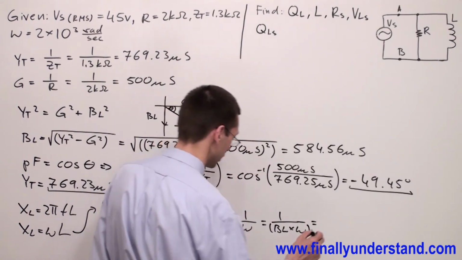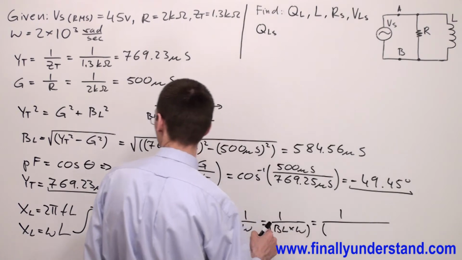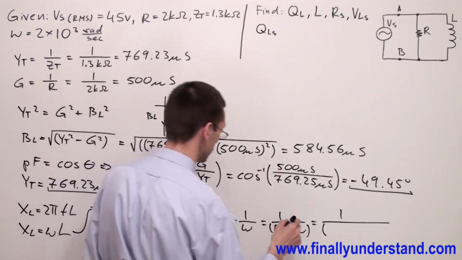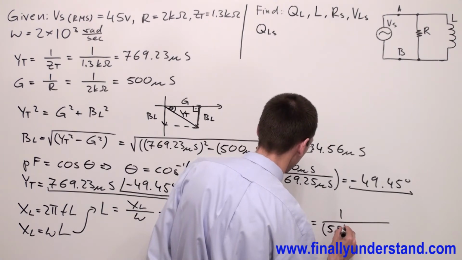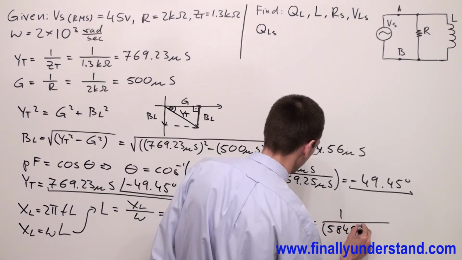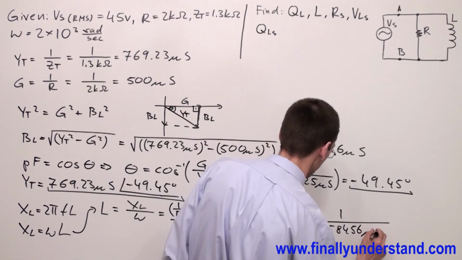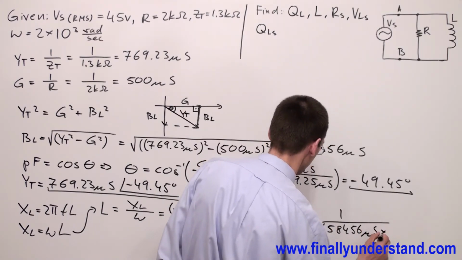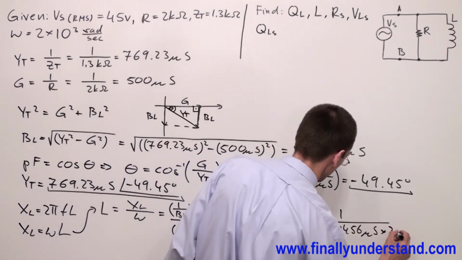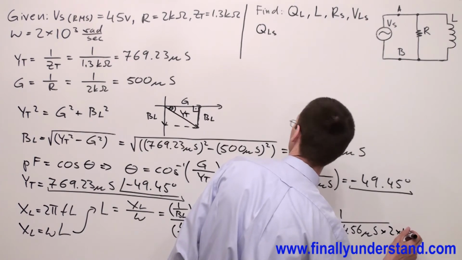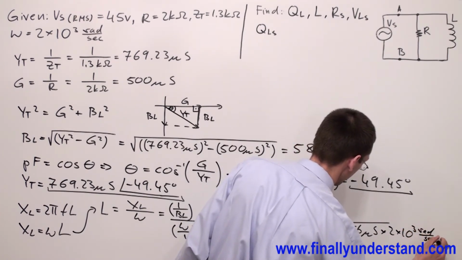So this is equal to 1 divided by BL, which is equal to 584.56 microsiemens, times omega, which is equal to 2 times 10 to the third radians per second.